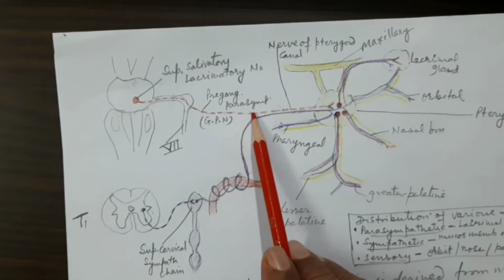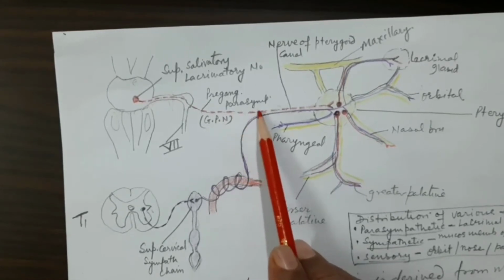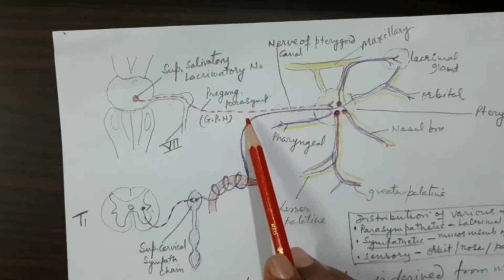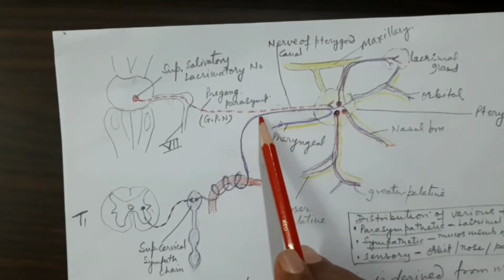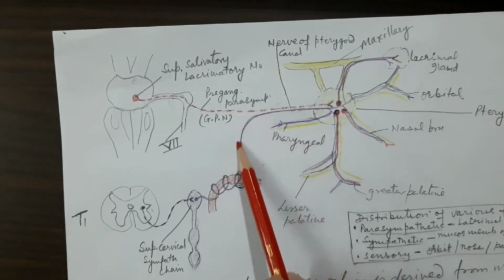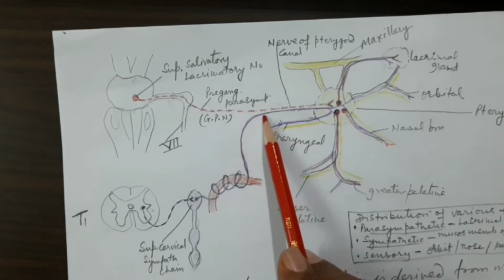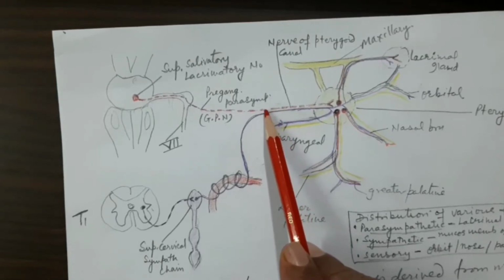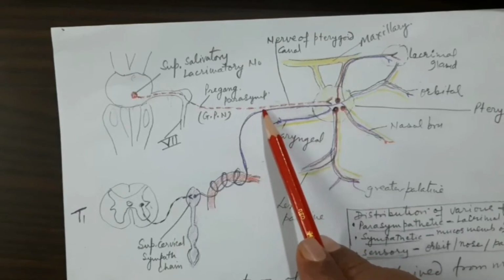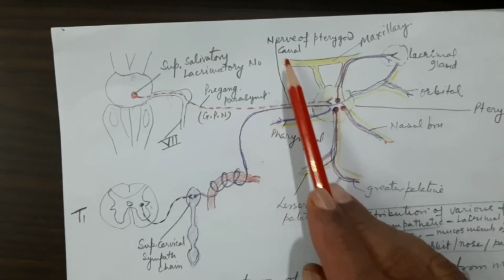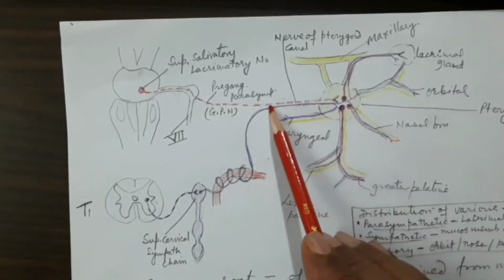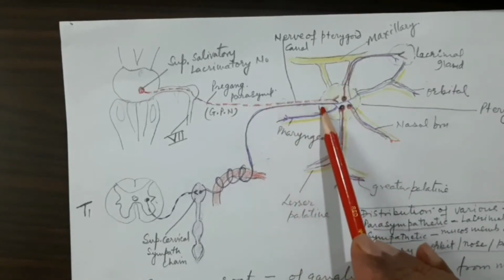Then it goes towards the foramen lacerum, and on the surface of the foramen lacerum it is joined by the postganglionic sympathetic fibers, shown in the continuous violet line. These two fibers then join to form the nerve of the pterygoid canal, because they run into the pterygoid canal.